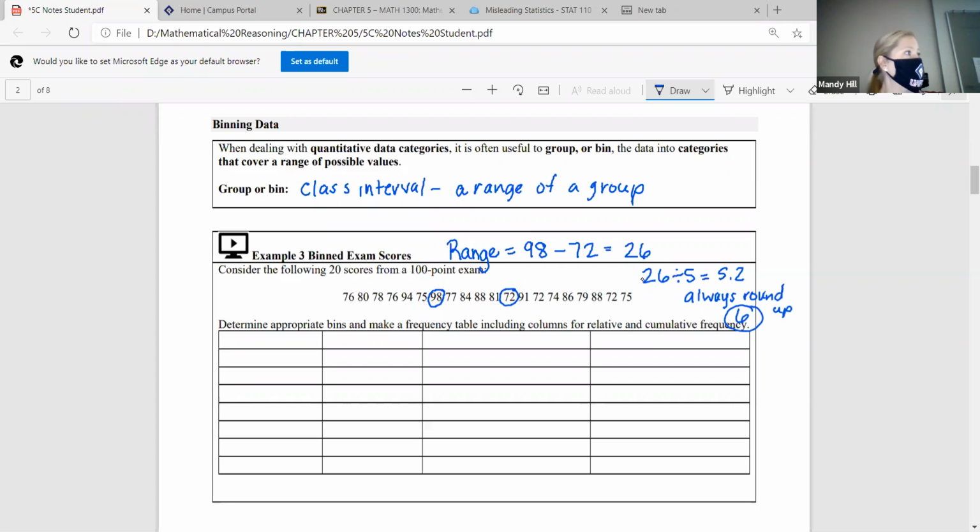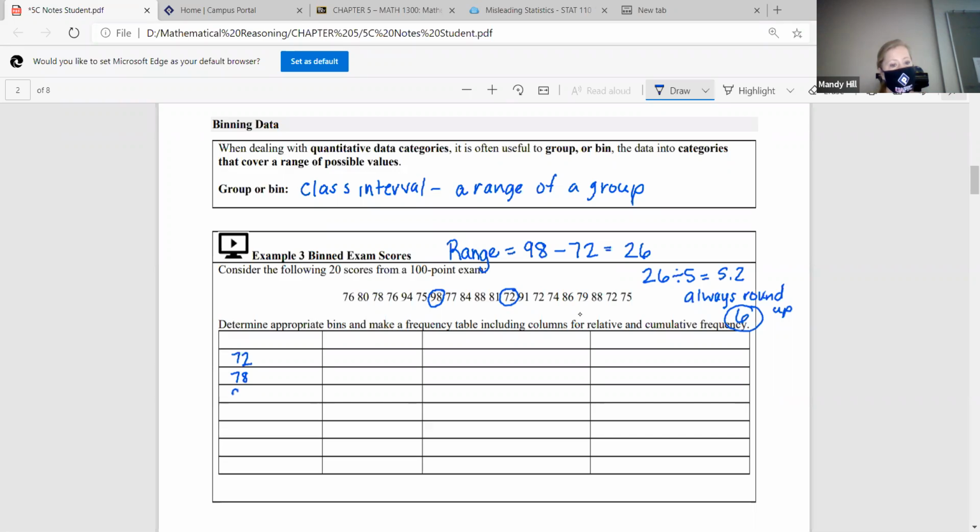Okay, so my very first group is going to have to start out with, what's the smallest number we said, 72? So I don't need to go down to 70. I can start at 72. That's the smallest number I have. And because I'm going up by 6, which is what we calculated, my next group would start at 72 plus 6, which would be 78.